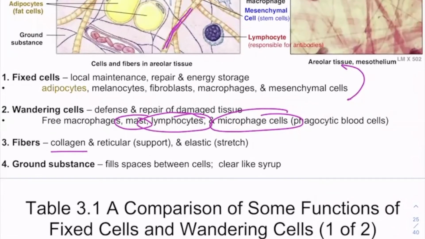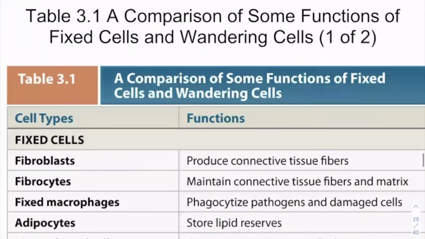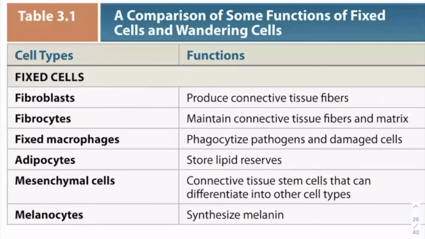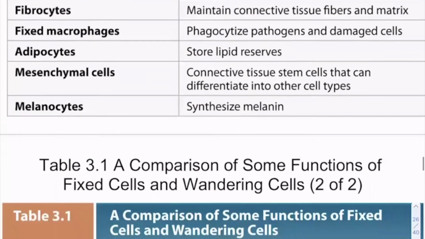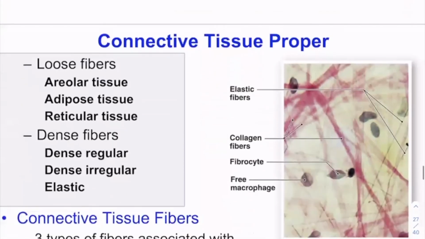Then you have reticular fibers that are a little bit thinner and are for support, and elastic fibers, which have a little bit of stretch. And then the spaces in between these cells and fibers is referred to as ground substance. There are charts that go through this, and you can read through those. It gives you an overview of the functions of each.